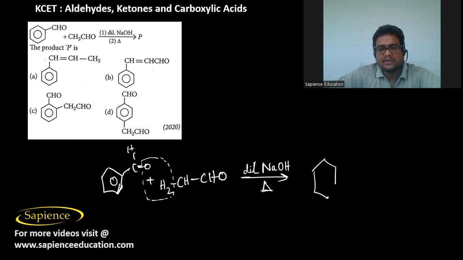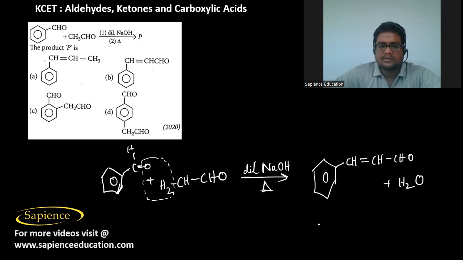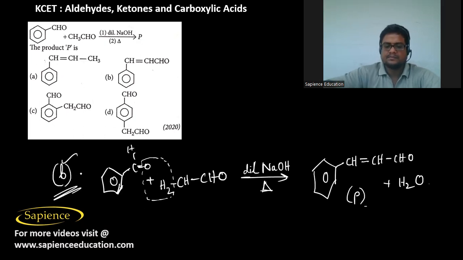It will be like this: CH=CHCHO, and it will form H2O. So this is the product P which will be formed. So option B is the correct answer.